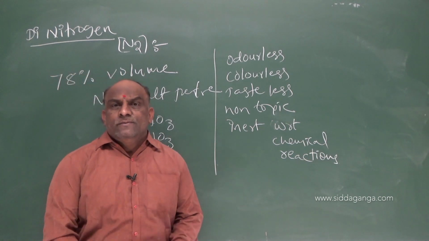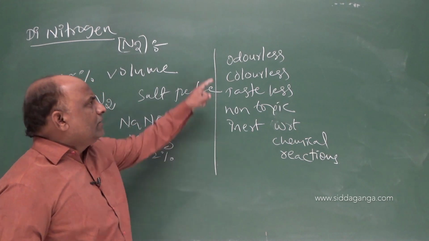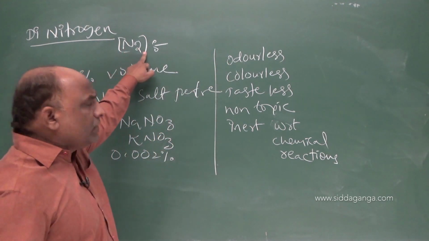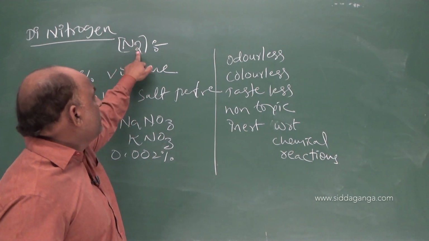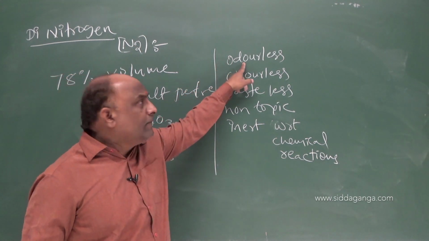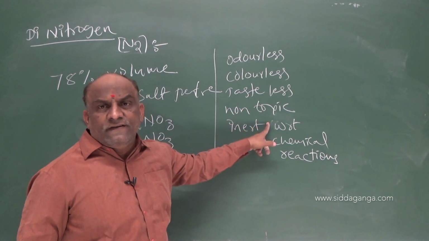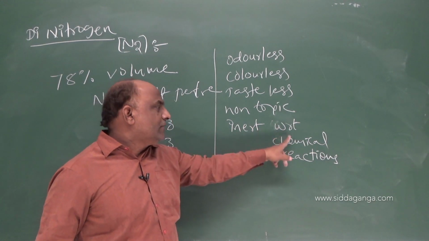Remember students, these are the simple physical properties of dinitrogen. Dinitrogen gas is odorless. There is no difference between dinitrogen and nitrogen, both are the same. Molecular formula N2, linear structure. It is odorless, colorless, tasteless, non-toxic and inert with respect to chemical reactions.